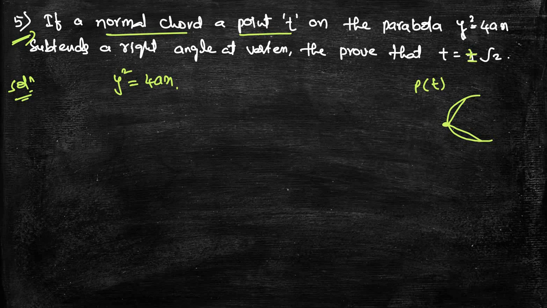Here I will take this point as Q, this point as R, and this as A.